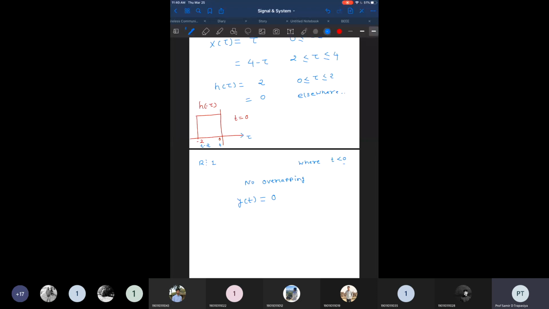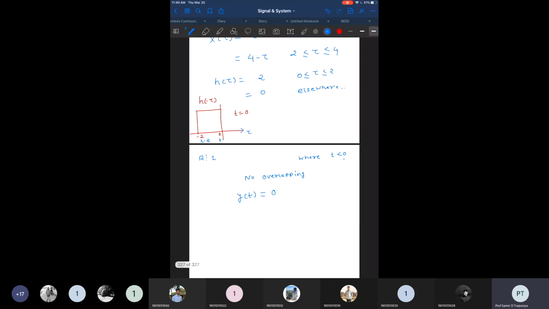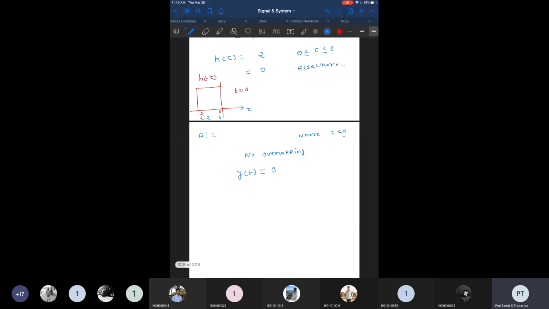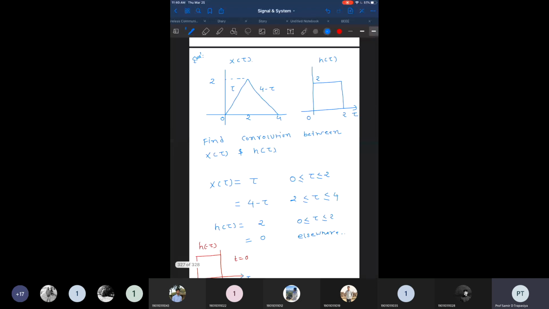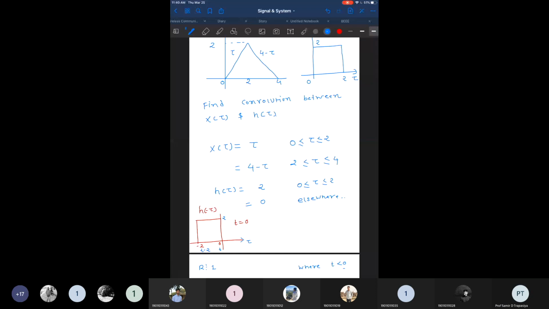For that region, I will just copy this x of tau and h of tau, and we will find the overlapping area, right? So we will find this overlapping area. Rather than drawing the same thing again, we can say we have this signal x of tau.